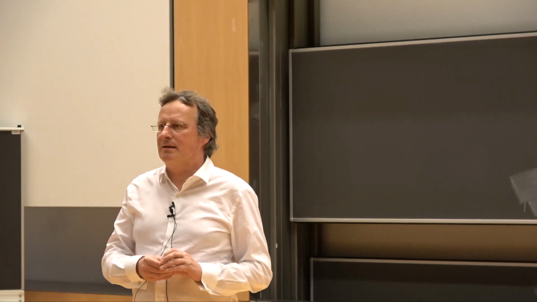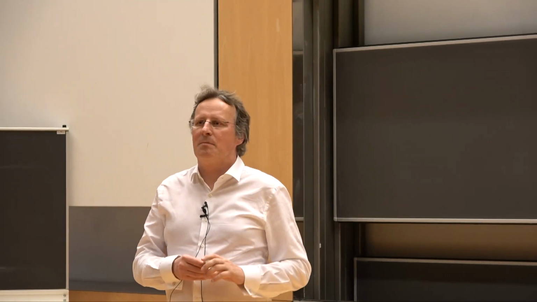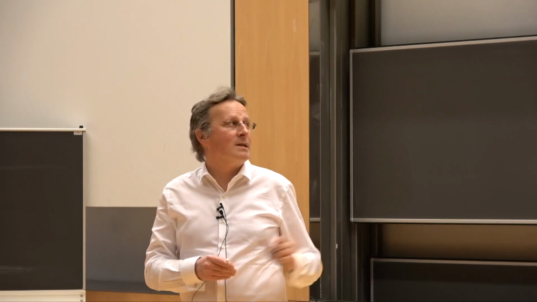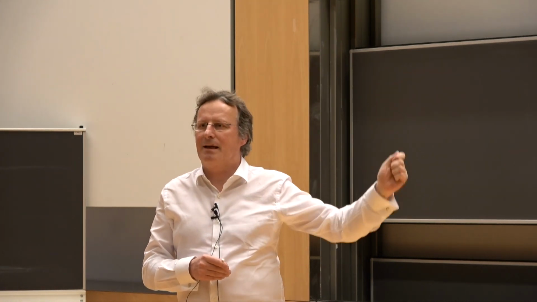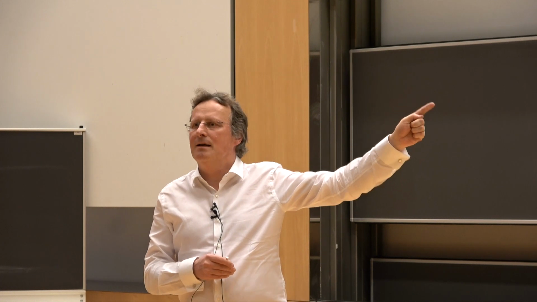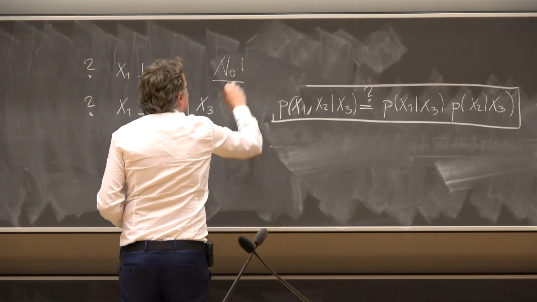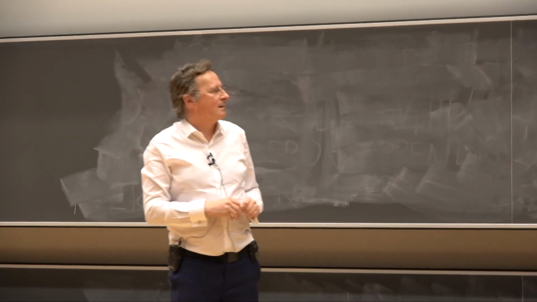It means, can you construct a distribution that follows that general structure where x1 and x2 are dependent? Sure, I can clearly do this, because I could take x1 to be equal to x3 to be equal to x2. I pick x1, that influences x3, and then x3 influences x2, and they could all be identical. They could be as correlated as you want. So in general, for this case, no, this is not true. Generically, these two things are dependent if I have a structure like that.